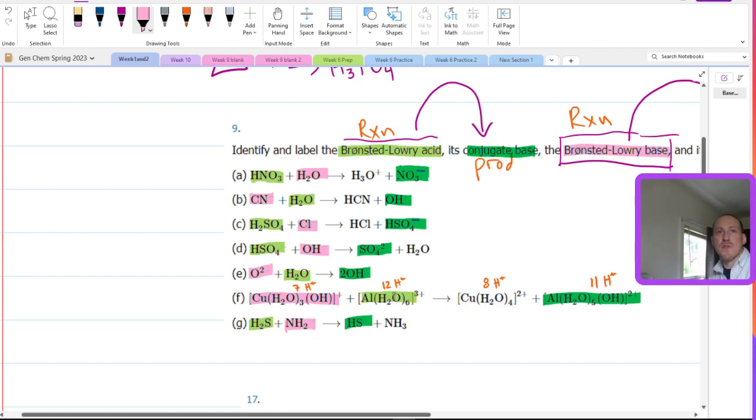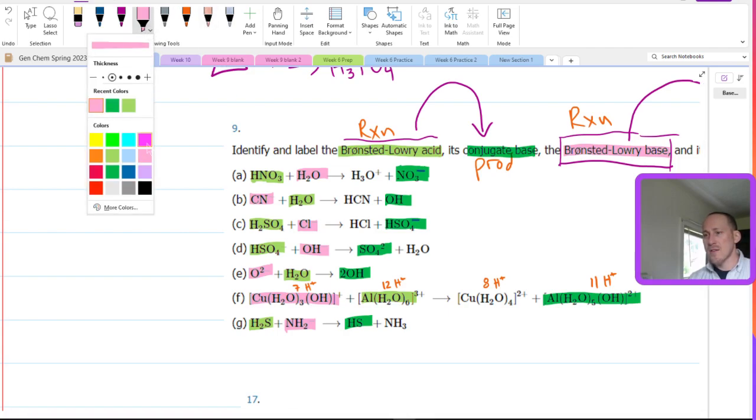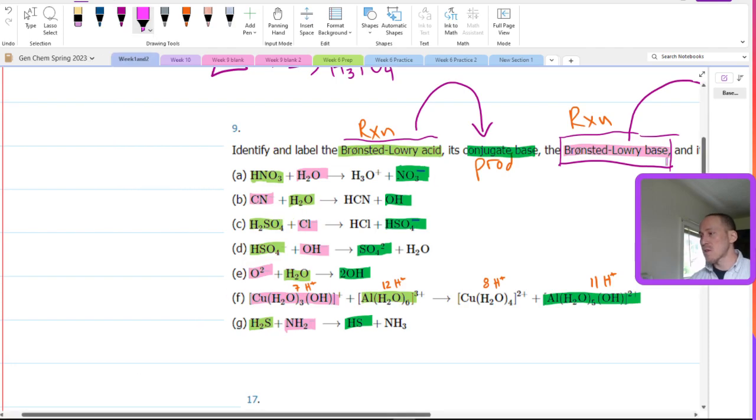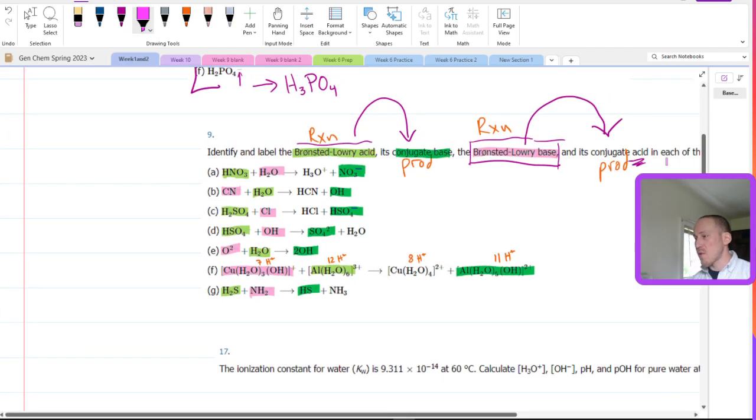Even if the proton itself was just around, then I guess you could say that the proton itself is the acid. But there's always both sides of this yin-yang scenario going on here. And so once the pink thing, the Bronsted-Lowry base, accepts a proton, it becomes the conjugate acid.